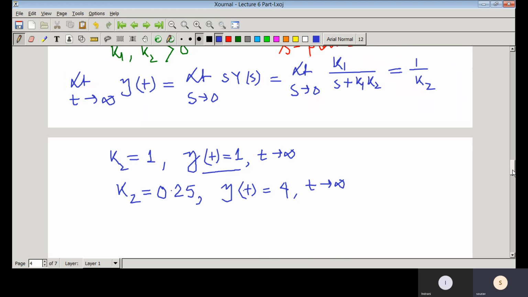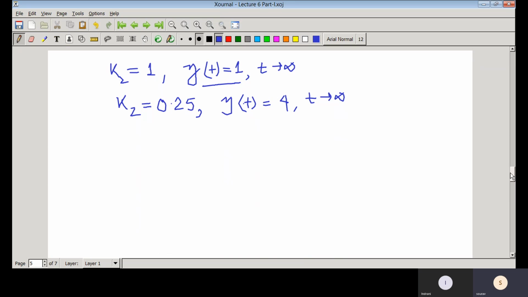One important thing to note: for applying the final value theorem, you need to first check whether F(s) is analytic in the closed right half of the S plane or not. If it is not analytic in that region, you cannot apply the final value theorem, and if you apply it, you will get a wrong result.